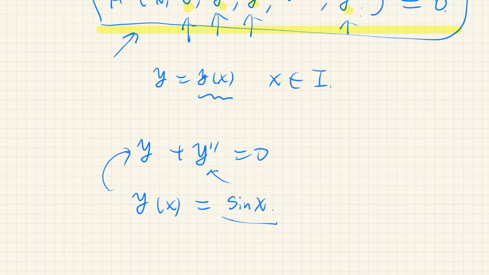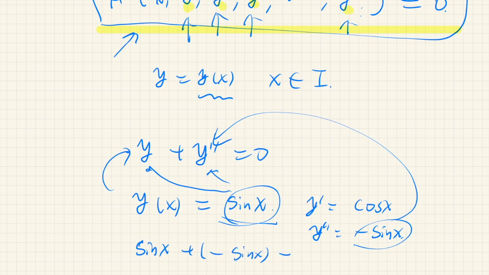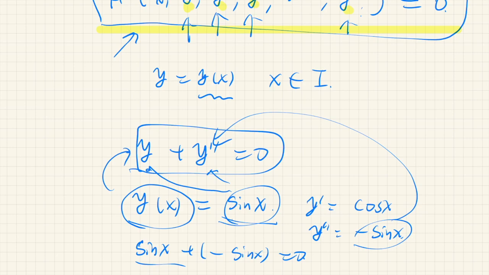So y is sine x, and y prime is cosine x, and y double prime is negative sine x. So if we substitute this and this into here and here, then we see that sine x plus negative sine x is equal to 0. So indeed, this function satisfies this equation. Therefore, it is a solution of this ODE.